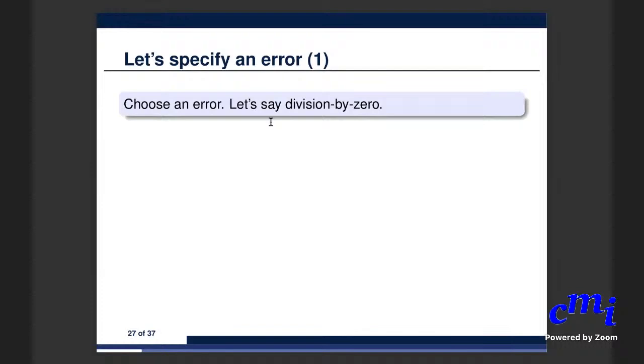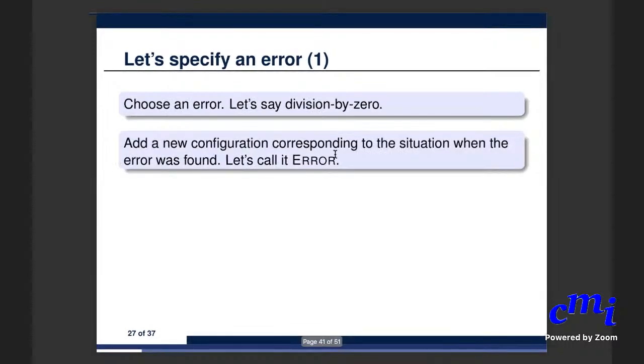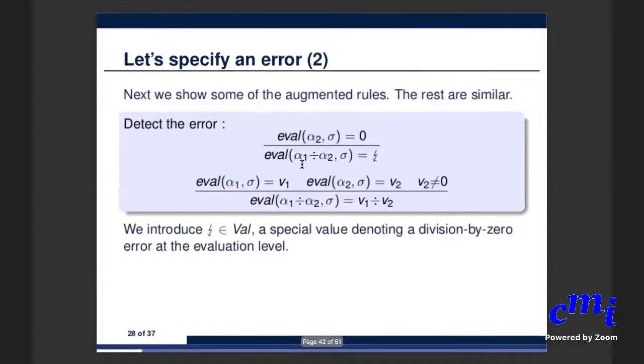Let's see how we can specify, as an illustration, an error corresponding to division by 0. We will add a new configuration, just like we had a tick mark to denote terminating configurations. We'll call it an error configuration.